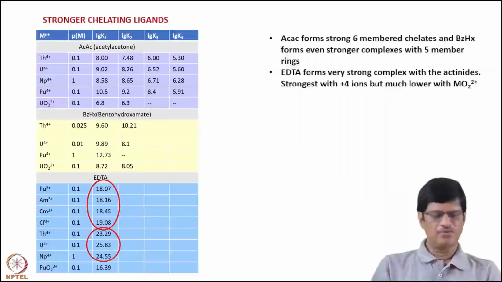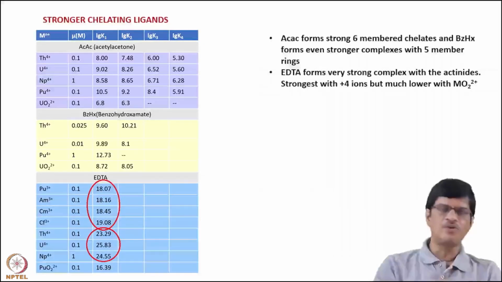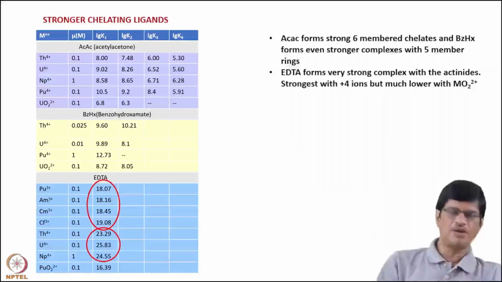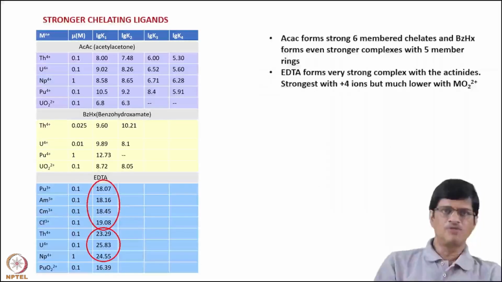For uranium 4+, the log beta value with EDTA is around 25.83, and for neptunium 4+ the value is lower, as we have already seen for the other complexing agents as well, with a value of 24.55.